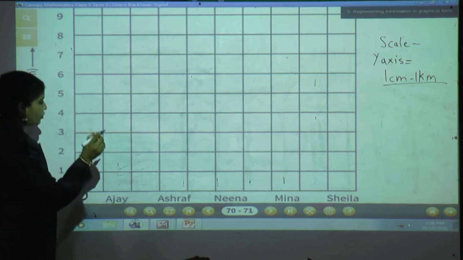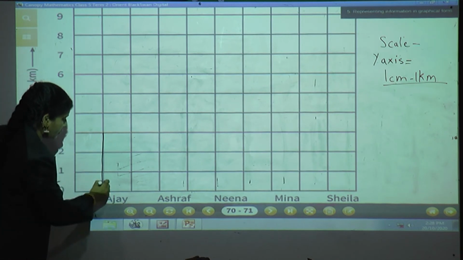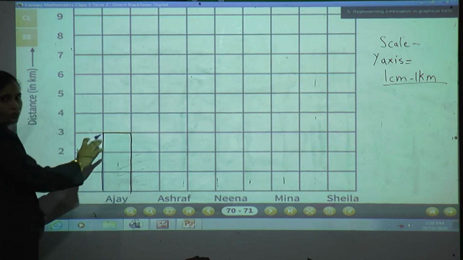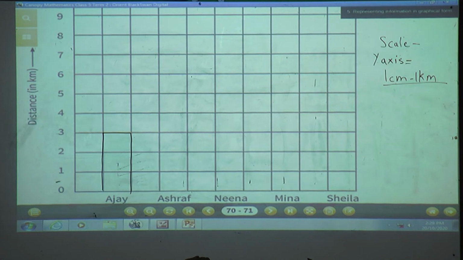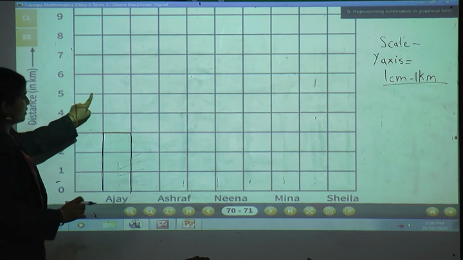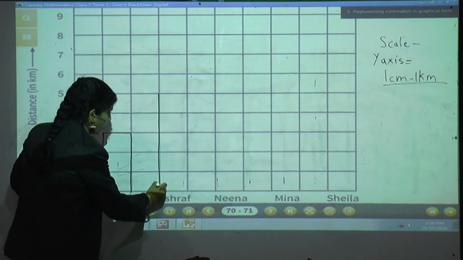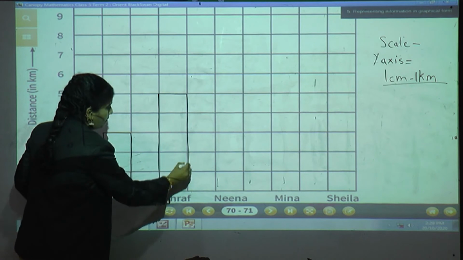So with the help of your scale, just draw the bar graph. You can color it also. Okay. Now for Ashraf, what is the distance to school from Ashraf's home? 5 kilometers. So see, where is 5? Here, and here is Ashraf. So draw the bar graph.